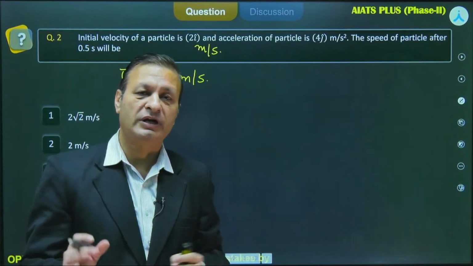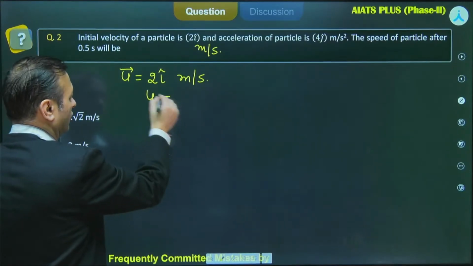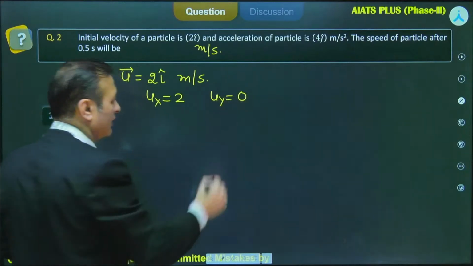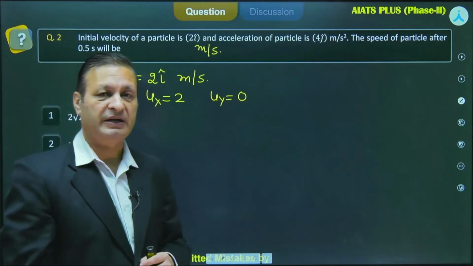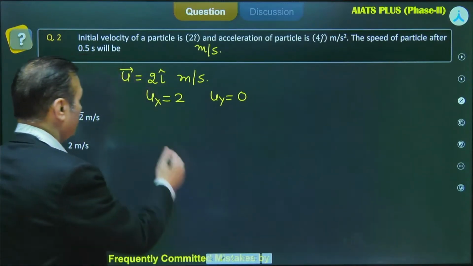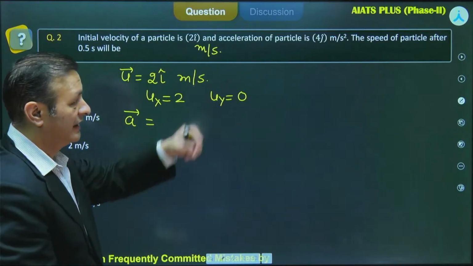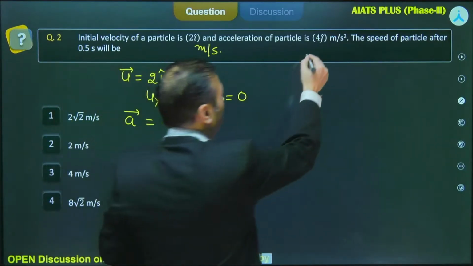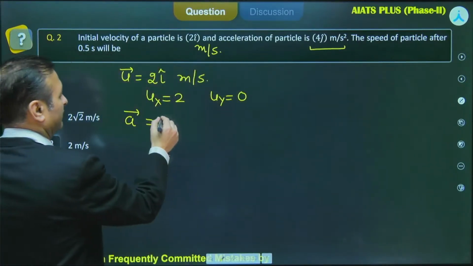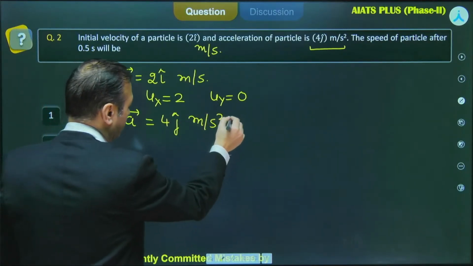So it has only i component. It means the x component of this initial speed is 2, and as such there is no y component of the particle. So the particle is moving purely along the x-axis, but it is being acted on by an acceleration that is 4j meter per second square.